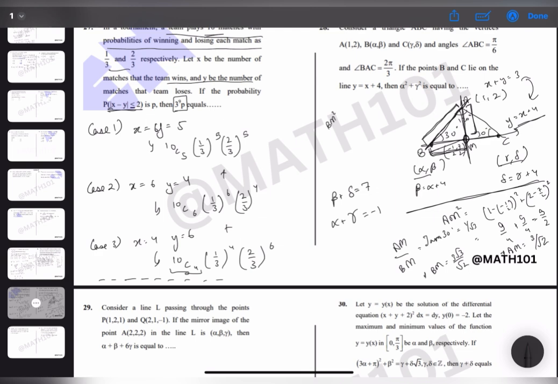So BM square is equals to alpha plus half square plus beta minus 7 by 2 square, again by distance formula, which is equals to 27 by 2. So alpha square plus 1 by 4 plus alpha plus beta square plus 49 by 4 minus 7 beta equals to 27 by 2. This is 25 by 2, goes away, we get 1 here. So alpha square plus alpha plus beta square minus 7 beta equals to 1.